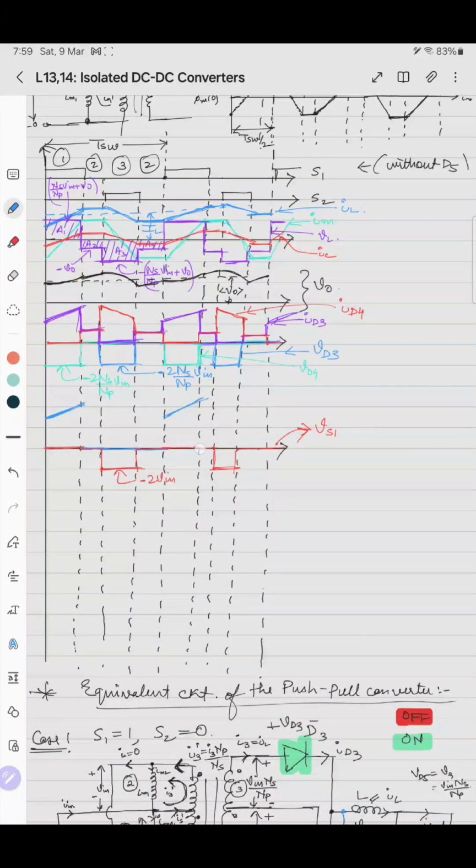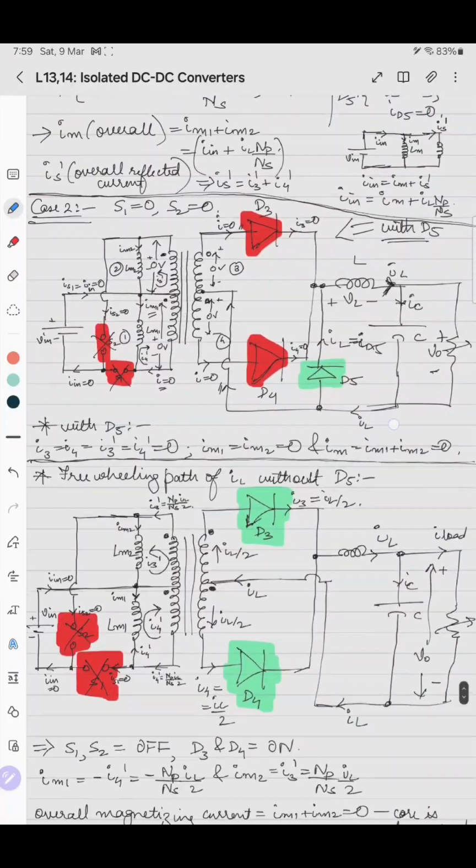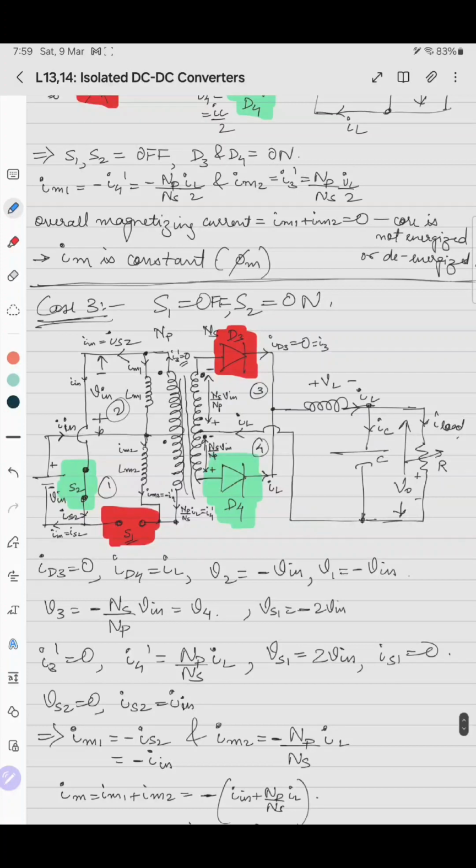Positive slope, 0, 0, 0. This is IM plus NP by NS into IL. Case 1 we have a current, case 2 we don't have current, and case 3 also we don't have current.